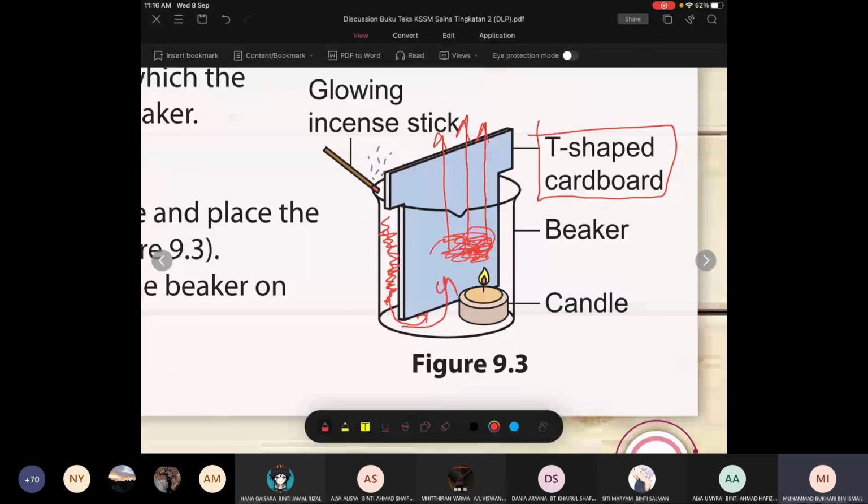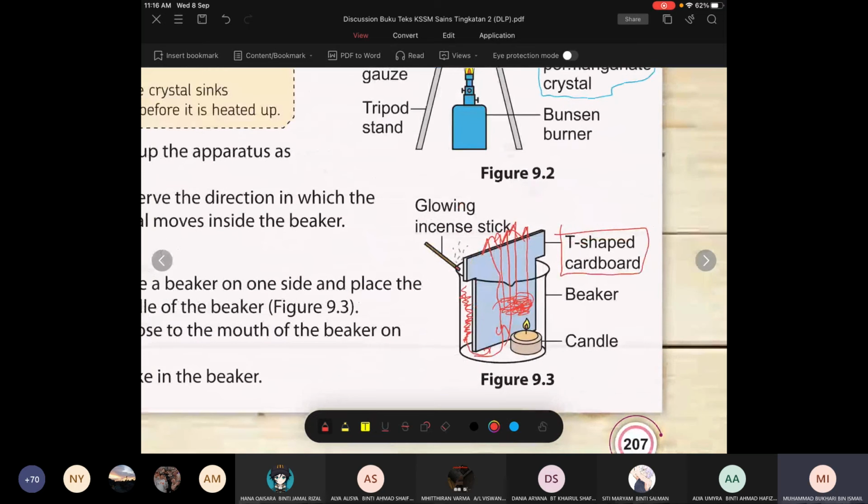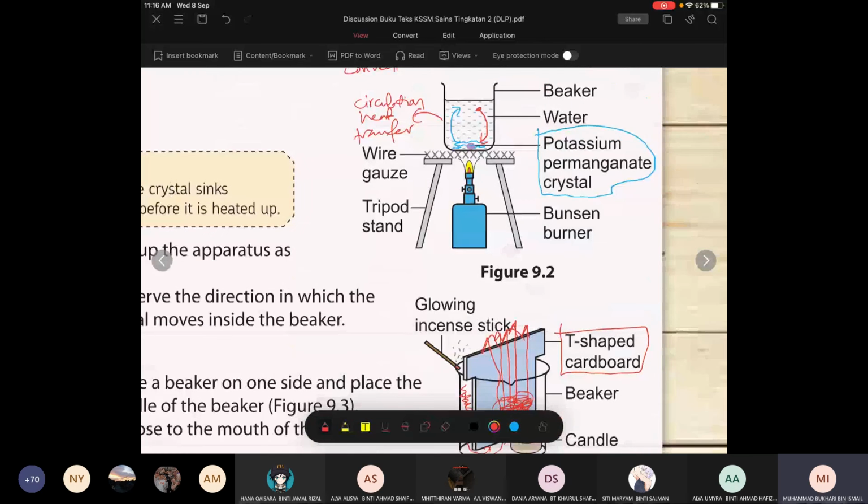So we can see the circulation of air, which is represented by the smoke. So this is also an experiment to show convection, but in this case it is convection of air. And the first diagram we have here is the convection in water. Can you see the difference now?